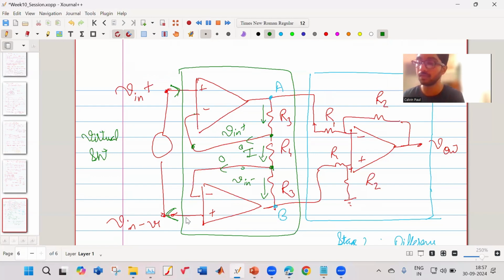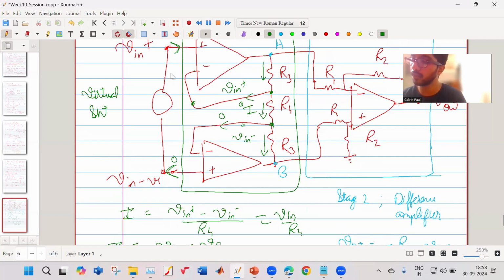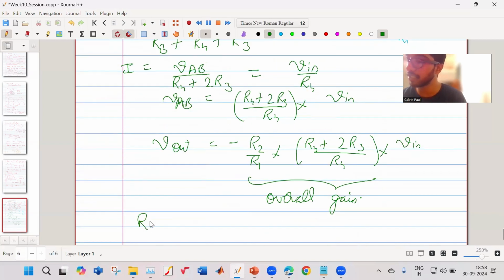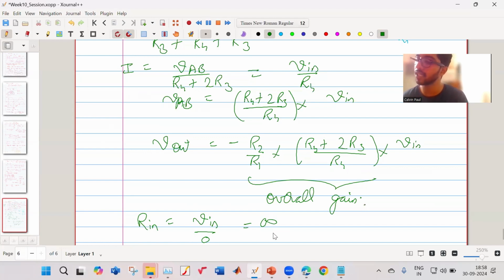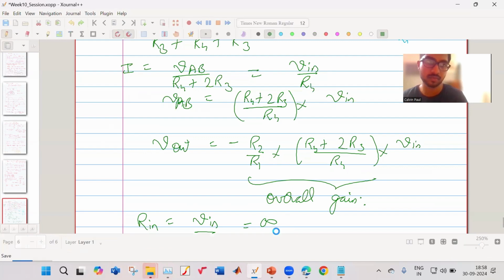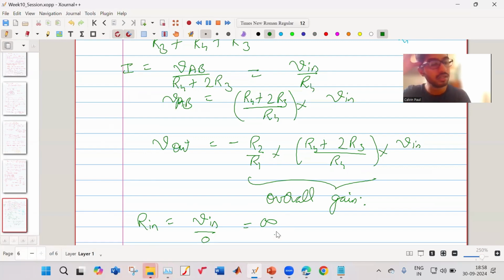It will be zero, sir? Zero, yes. So your input impedance is equal to V in upon 0. That is what? Infinite. So we are getting both what we want: high gain as well as high input impedance. Okay, so this is the advantage of this. So any doubts in this?